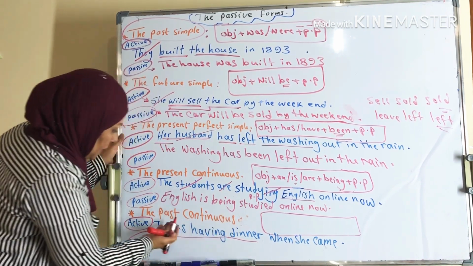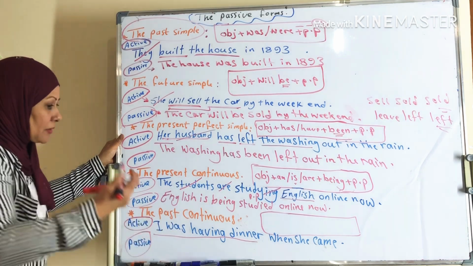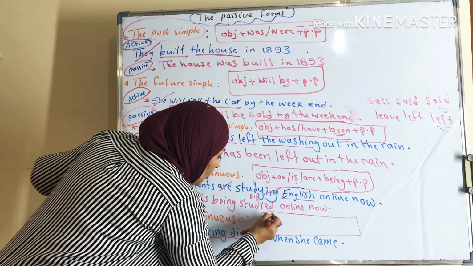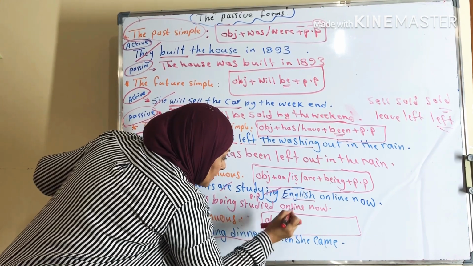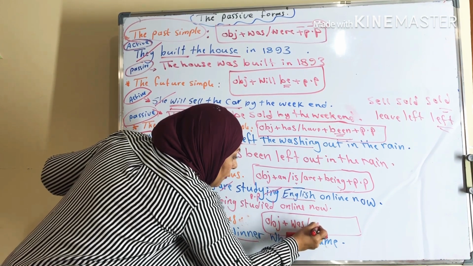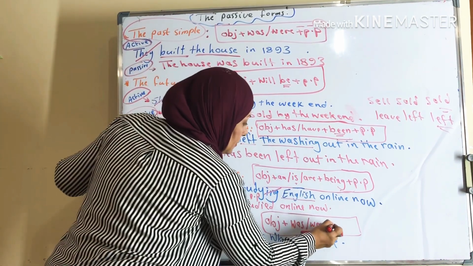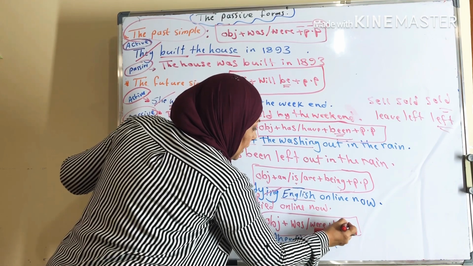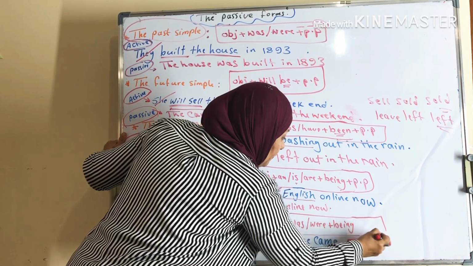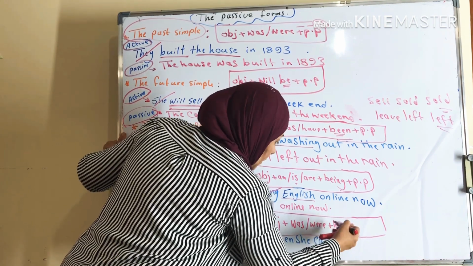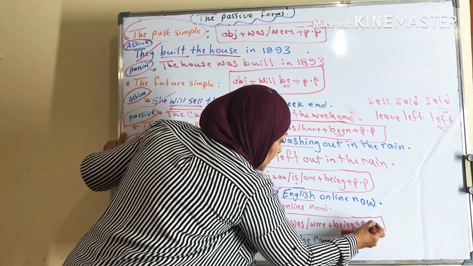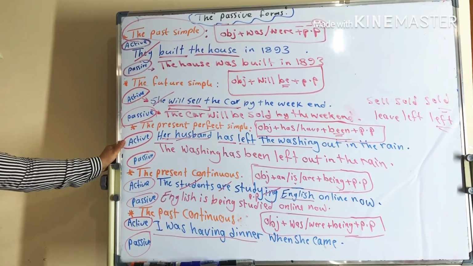The form in the past continuous الماضي المستمر كان يحدث في الماضي بصورة مستمرة in progress. أيضا object plus was for singular, were for plural, and again we have being because we have ing form and a continuous form, progress form, and the past participle verb. التصريف الثالث بالفعل.